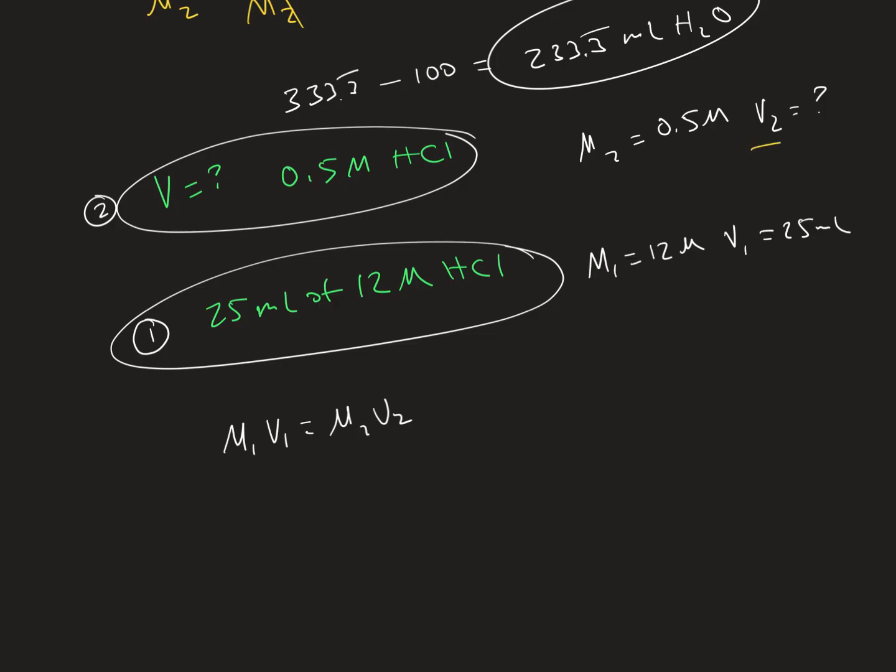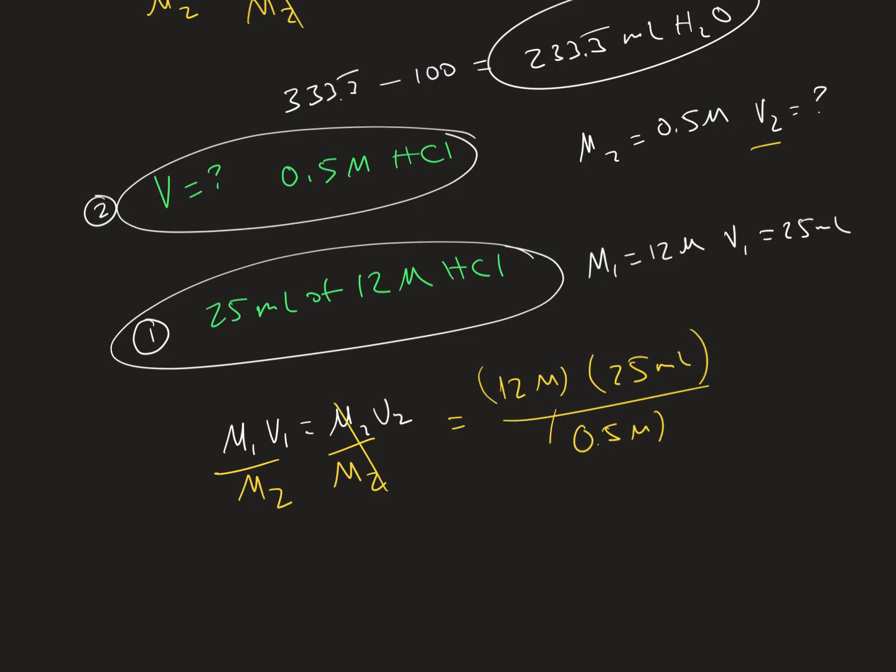So we're looking for V2, divide both sides by M2. And that's 12 molar multiplied by 25 milliliters divided by 0.5 molar. You following me? And molarity cancels, leaving us with milliliters. So do 12 times 25 divided by 0.5.